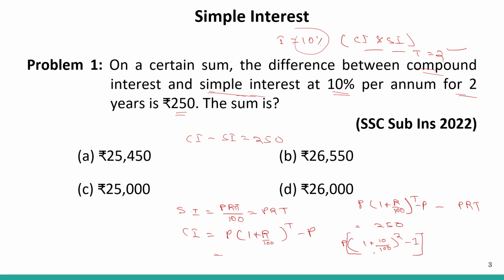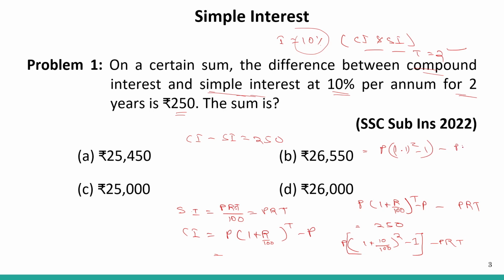So this will be P into (1.1 squared minus 1), minus PRT.